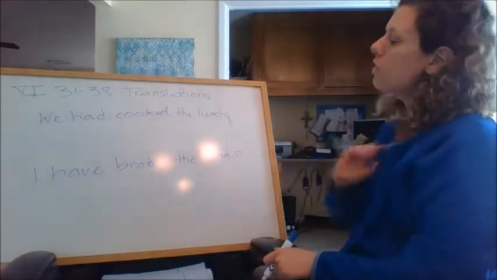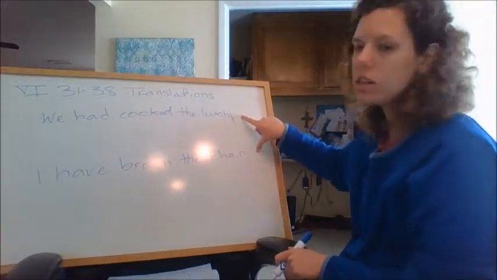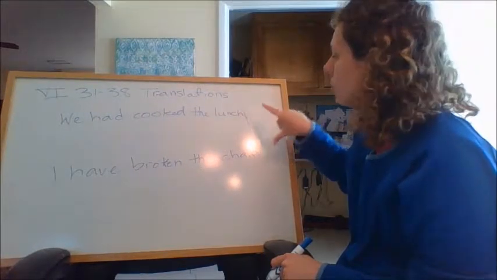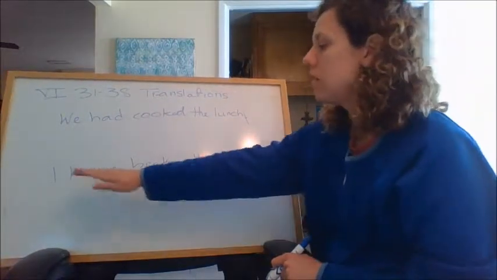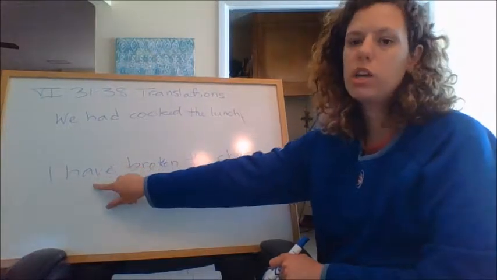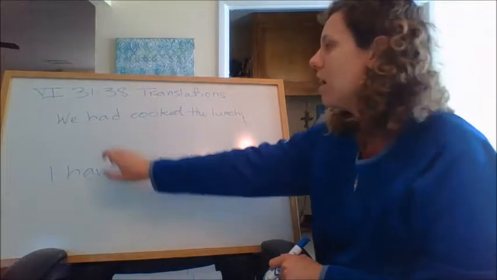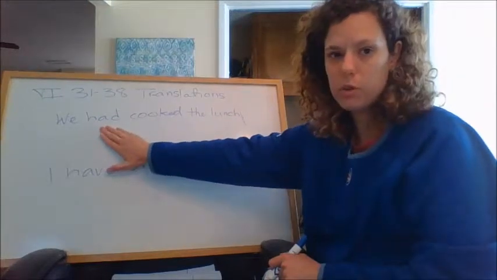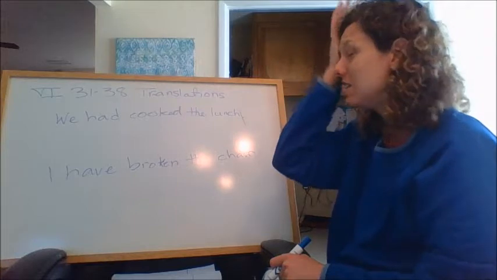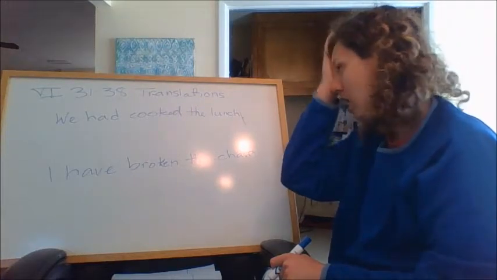Okay, so the difference in these is one is the pluperfect and one is the present perfect. You can tell that the present perfect is this one because it is have, which is the present tense. This one is the pluperfect or the pluscuamperfecto because it's in the past tense and it is had cooked, okay?